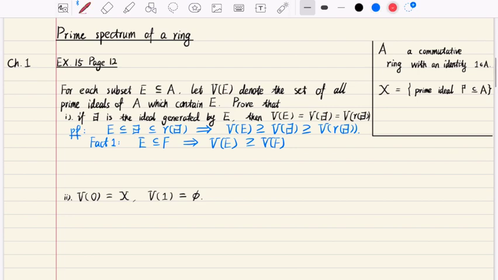In other words, V is order reversing, but you need to be careful because the order here is somewhat subtle.